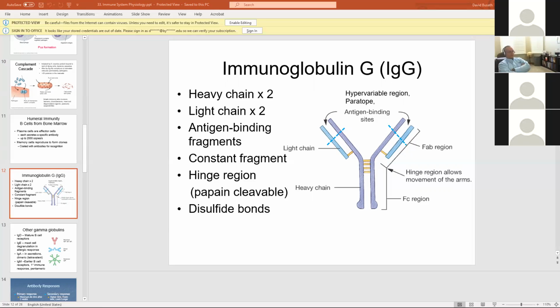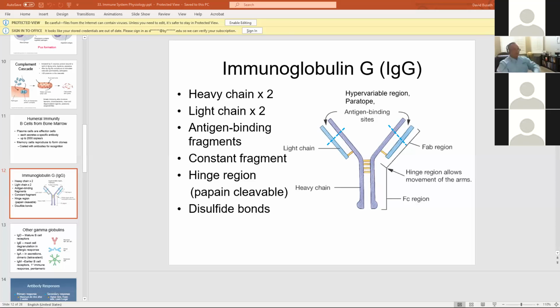Is it the light chain that varies greatly between different antibody responses, or is it both the light and heavy chain that vary a lot? That's a great question. My understanding is light chain. Who can tell better? I think you're right, it's the light chain that has the hypervariable region.